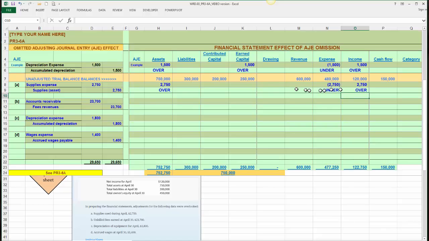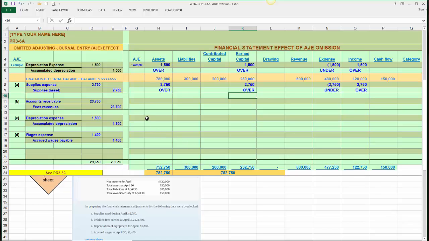And since income is part of the earned capital that is reported on the balance sheet, if we overstate income, we also would overstate earned capital. And in this case, once we complete the secondary effects, you can see that the assets equal the sum of the liabilities and owner's equity, and we're complete with this transaction.